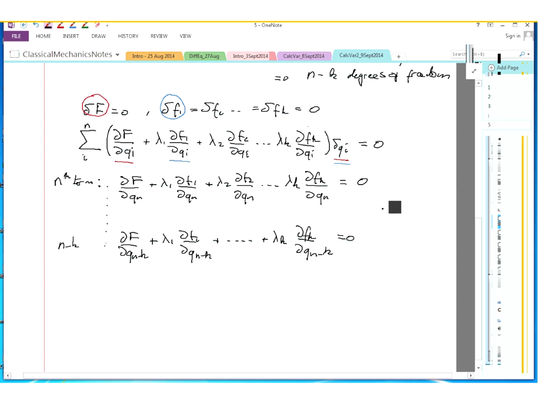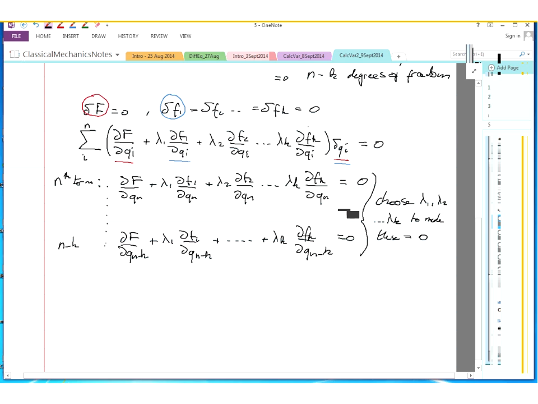And so we do the same thing here. We choose lambda 1, lambda 2, etc. to lambda k to make these equal to 0.